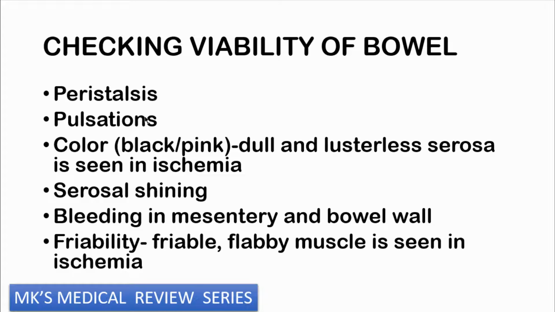So if the serosa loses its shine, if there's any bleeding in the mesentery or the bowel, then those are good signs. Then, of course, if it's friable and the muscles are flabby, that means that that's pointing you towards ischemia. So these are just some of the features that you're going to be checking for in the theater to assess whether this bowel is viable or not.